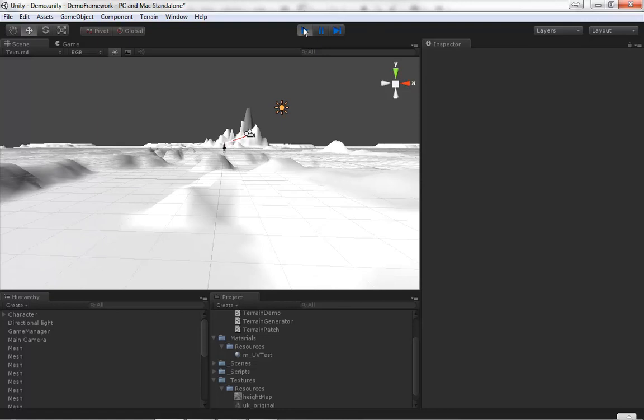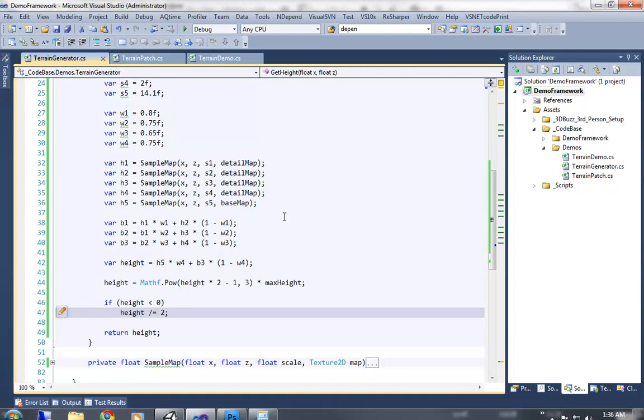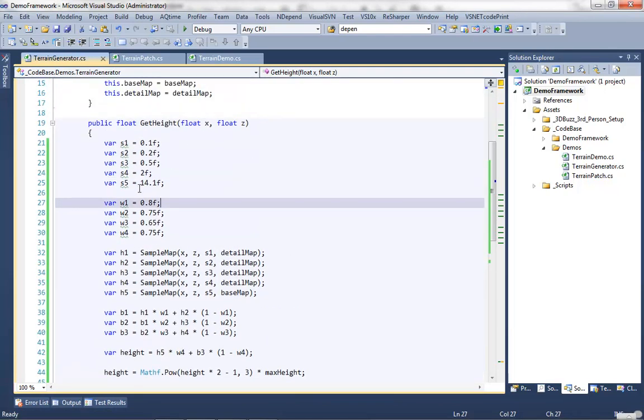Probably so. Okay, so now let's start dealing with getting this much larger, scaling this all up. So we're going to go ahead and adjust our scale. Again, these are magic numbers.